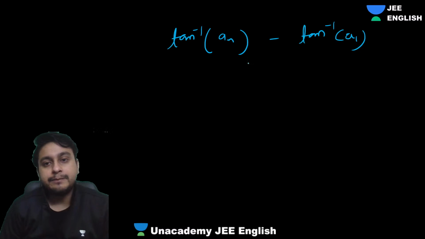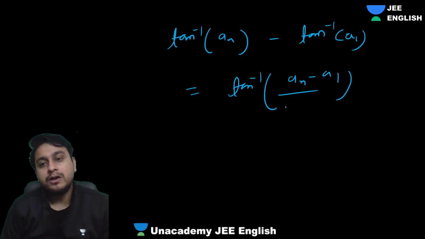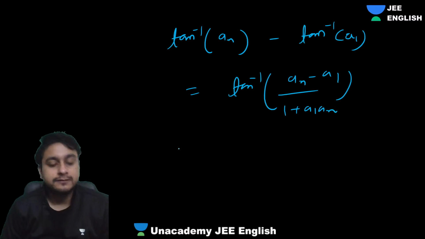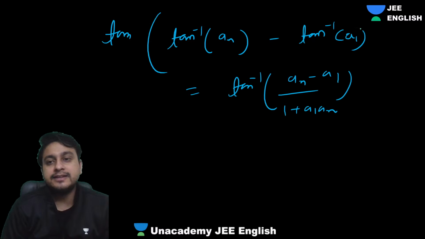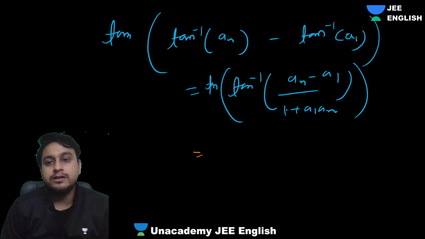So guys, what will be happening? Tell me, tan inverse x minus tan inverse y. Can I write it as tan inverse of x minus y upon 1 plus xy? And moreover, guys, there is a tan outside, so I'm writing that as well now. So what are we getting, guys? Tan and tan inverse will definitely cancel. We'll get an minus a1 upon 1 plus an into a1.